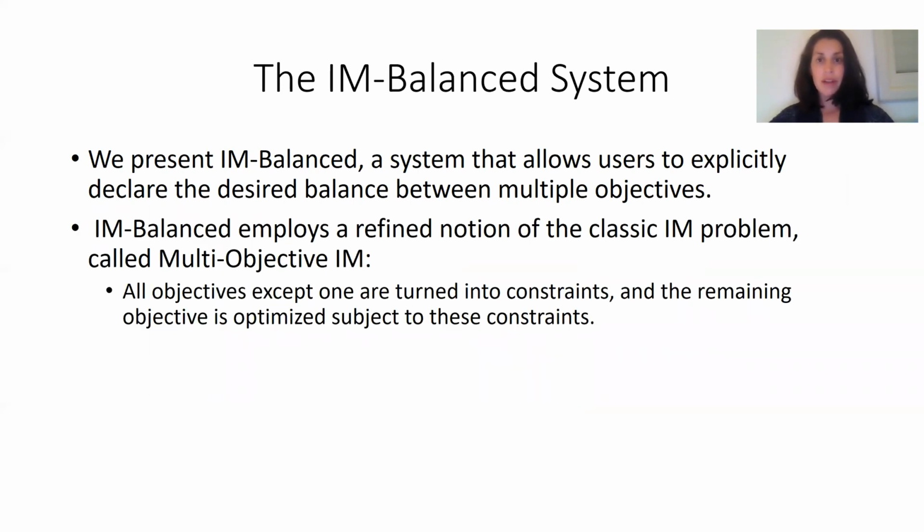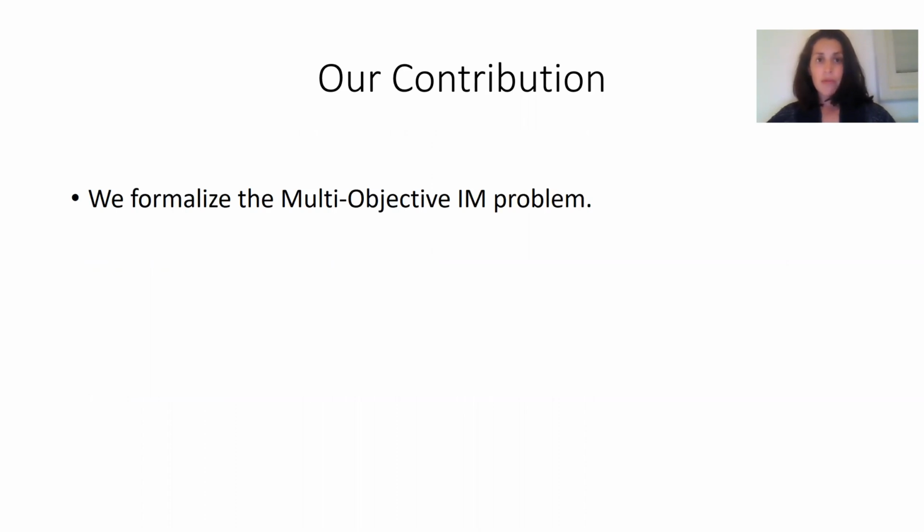IM Balance employs a refined notion of the classic IM problem, which we call multi-objective influence maximization, where all objectives except one are turned into constraints, and the remaining objective is optimized subject to these constraints. Our contribution can be summarized as follows. We formally define the multi-objective influence maximization problem.